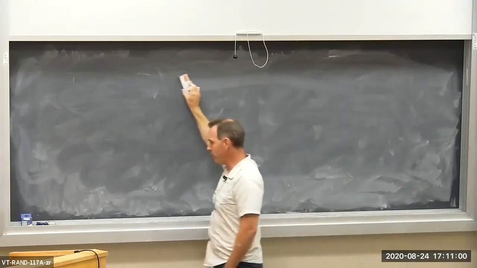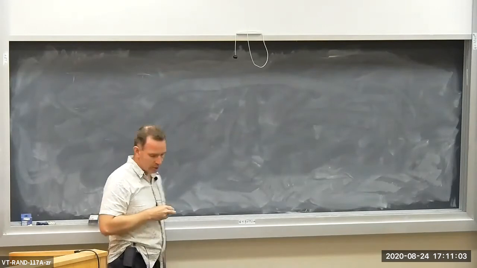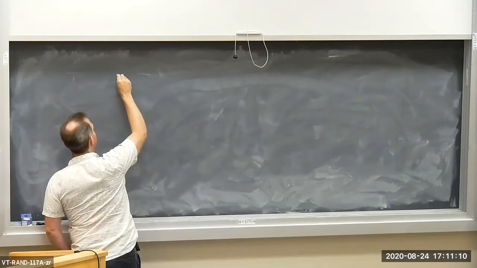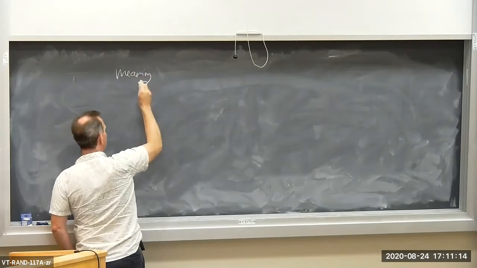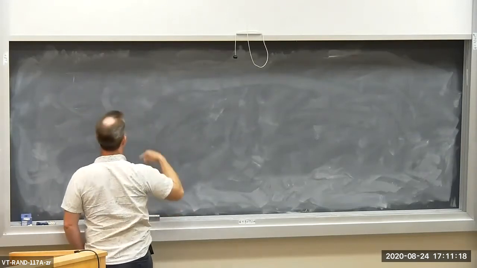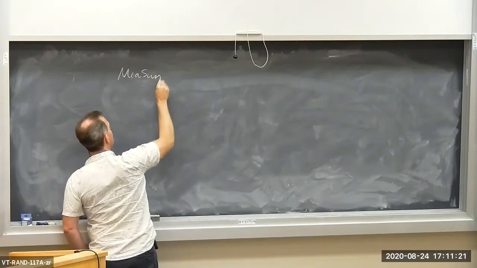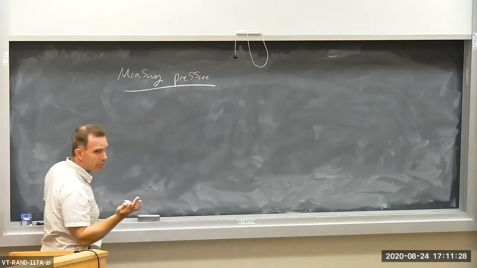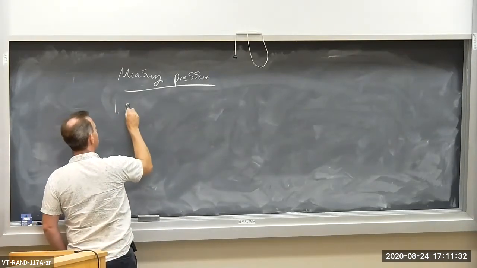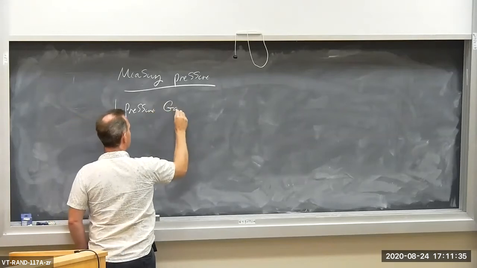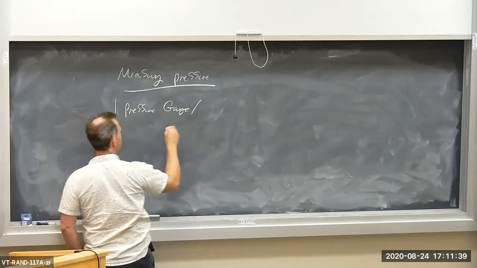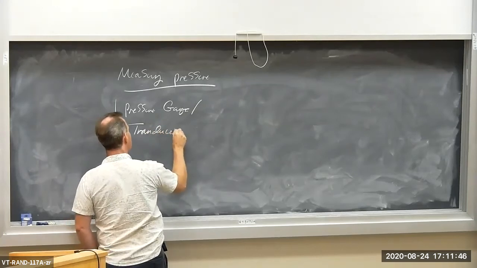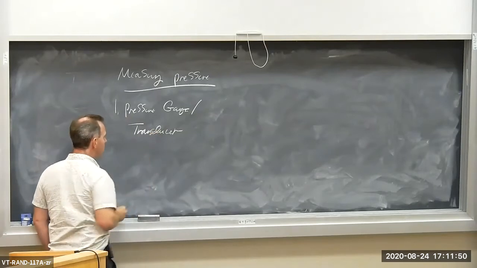The other way of measuring pressure is using what's called a manometer. So, measuring pressure. Well, clearly we can either use a pressure gauge, or if you like, a pressure transducer.